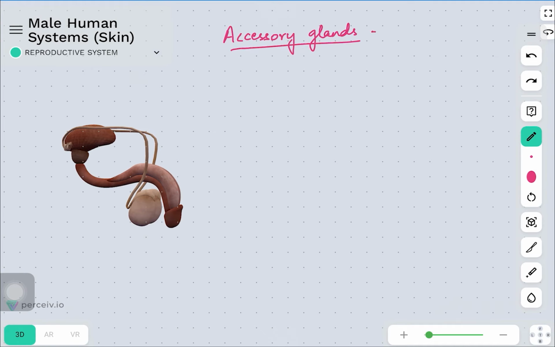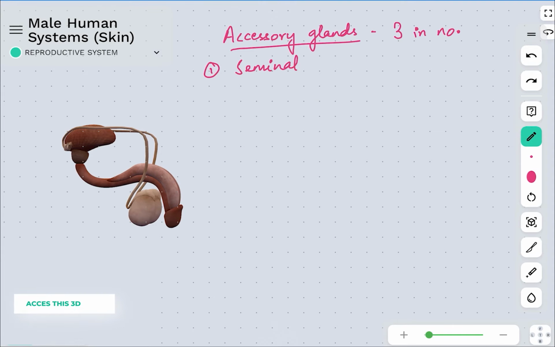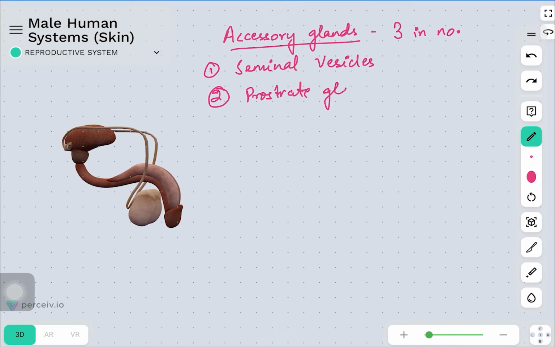The accessory glands are 3 in number: seminal vesicles, then prostate gland, then bulbourethral gland, also called Cowper's gland.